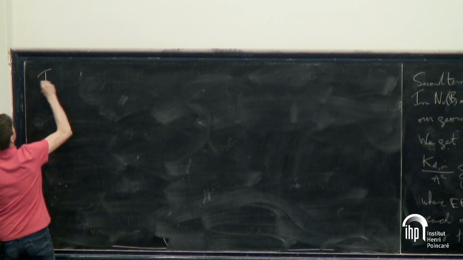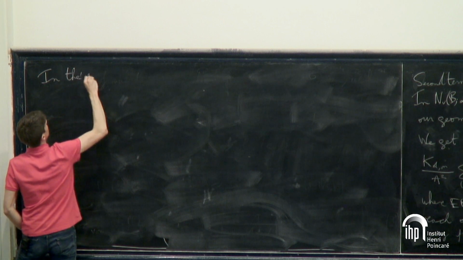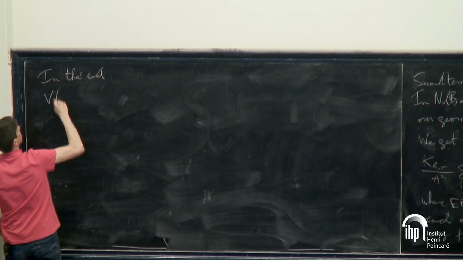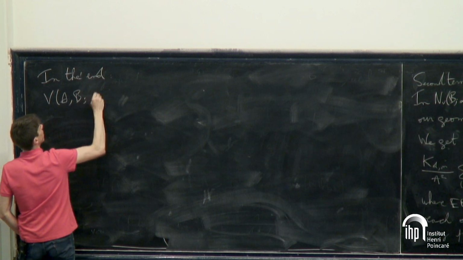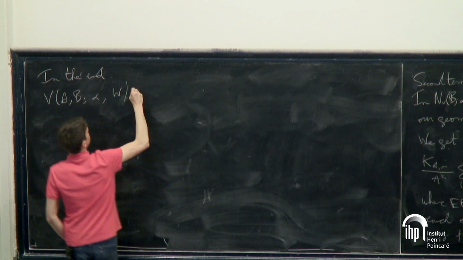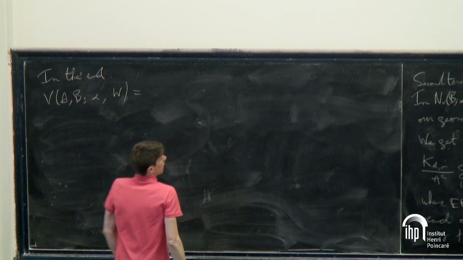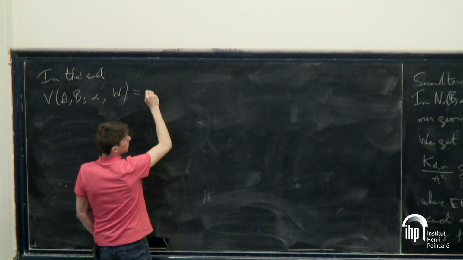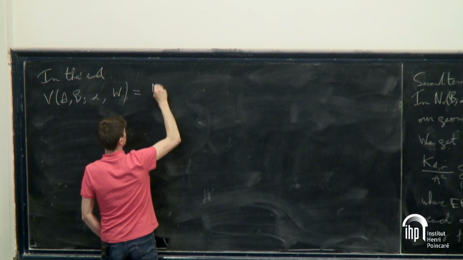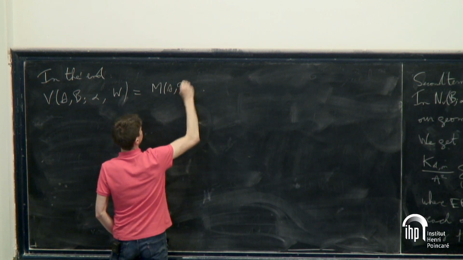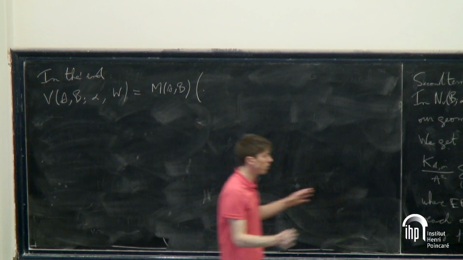So in the end, we get that the variance V of A, B, alpha, W is M, the main term of A and B, times, so I'm putting all the terms together.